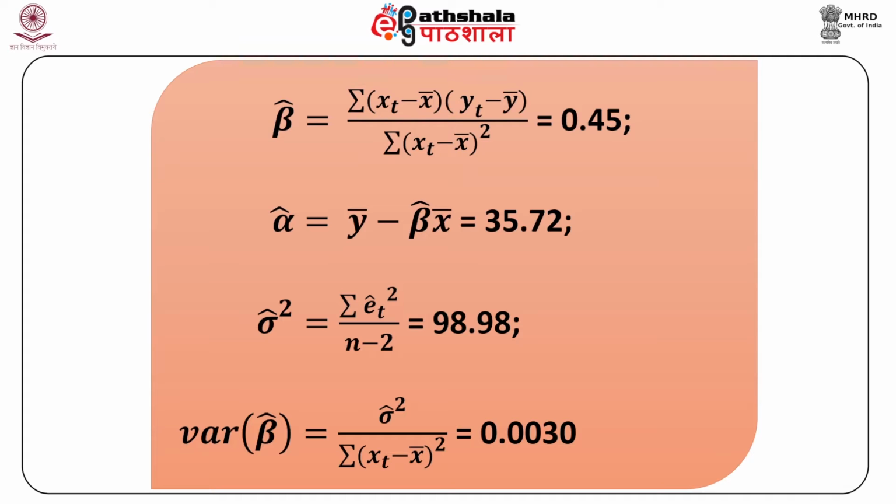On substitution of these values of 98.98 and of sigma xt minus x bar square, we get the value of variance of beta hat equal to 0.0030. All these are simple calculations which you can do either manually or by use of simple calculators.